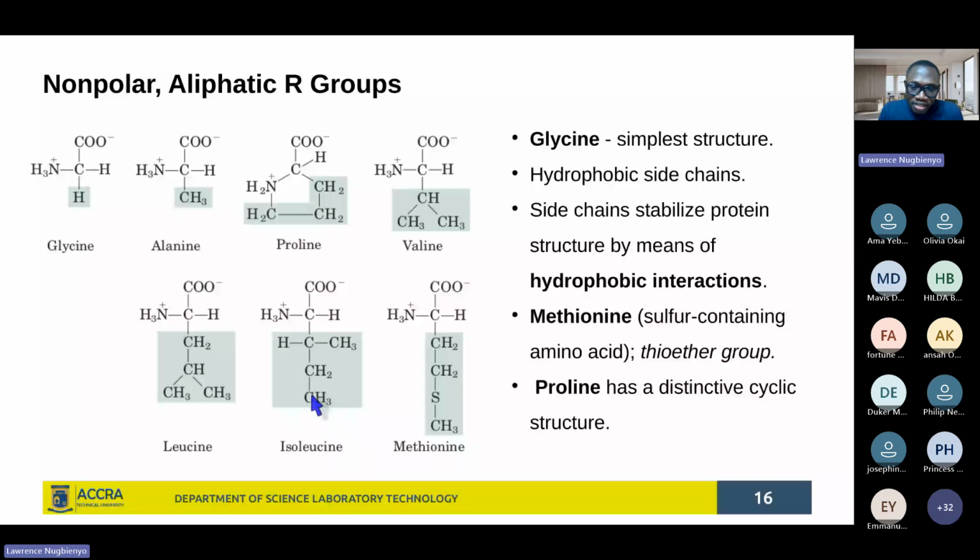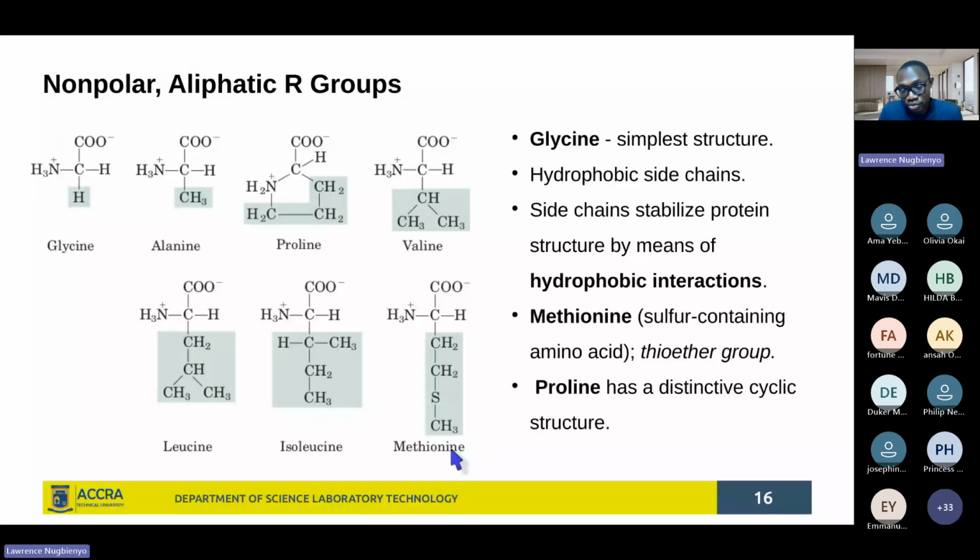Then you see there is a unique amino acid here, which is having sulfur in it. That's methionine. In fact, there are two amino acids that you will come across with sulfur in them. This is one of them, methionine.